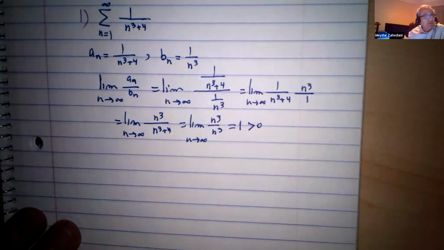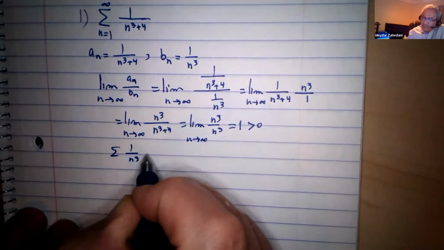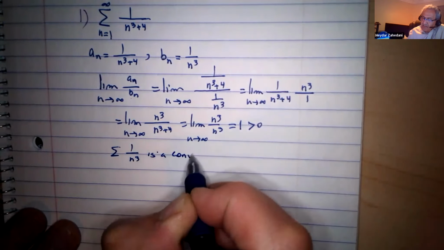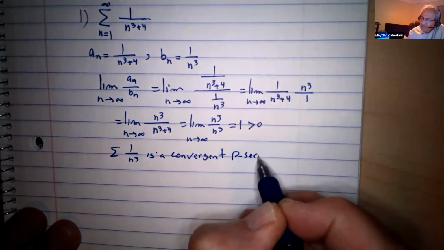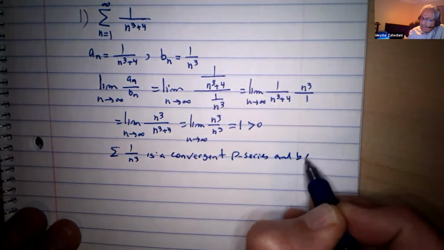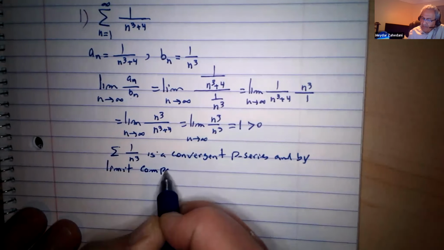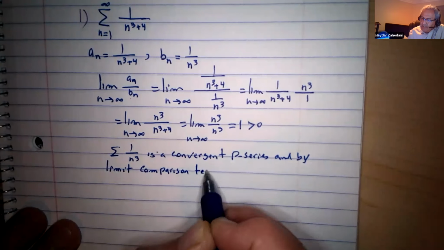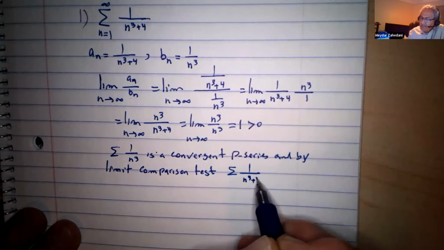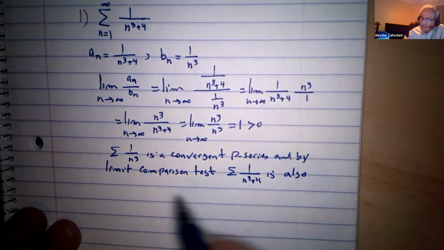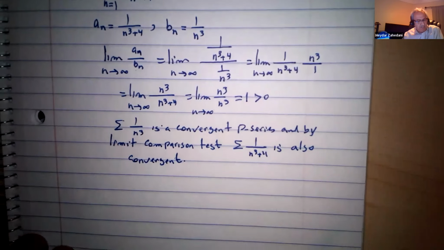Therefore, you claim that 1 over n cubed is a convergent P series, and by the limit comparison test, you have to mention the test, sigma of 1 over n cubed plus 4 is also convergent, and be done. You see, this is the way we are going to operate.